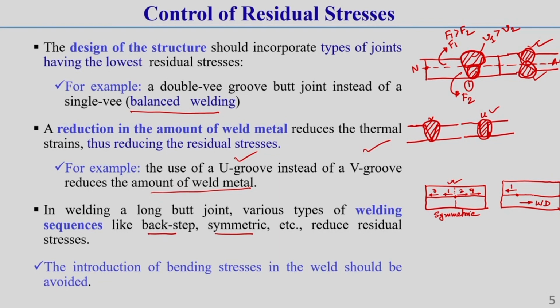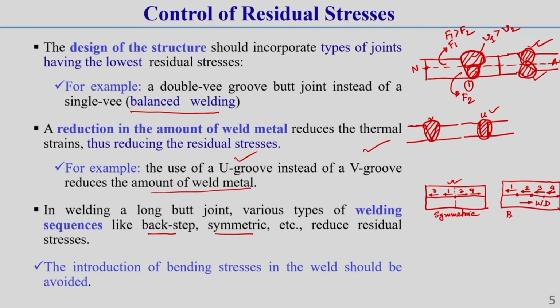This is welding pass 1, this is welding pass 2, this is welding pass 3. The progression of welding is toward the right side, but the welding direction of each pass is leftward, that means the back step direction, and it gradually progresses in the right direction until it is completed. What I am telling, understand? This is called back step welding.